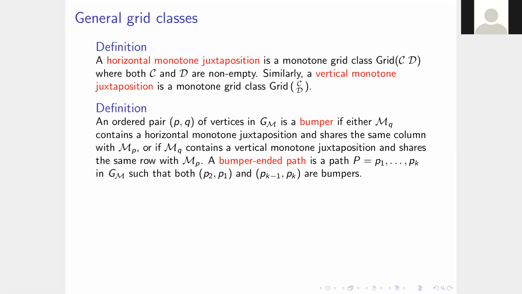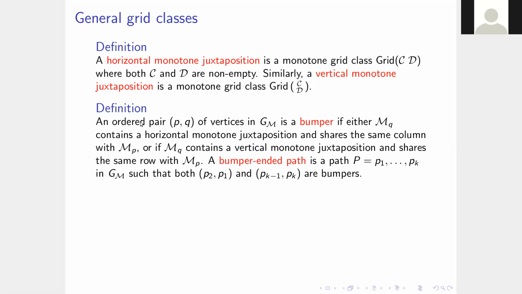Okay, so now we continue to the situation of general grid classes. So first, let us define a horizontal monotone juxtaposition, and that's just a monotone grid class which contains 2 non-empty classes next to each other. And similarly, a vertical monotone juxtaposition is just a monotone grid class that contains 2 monotone classes on top of each other.